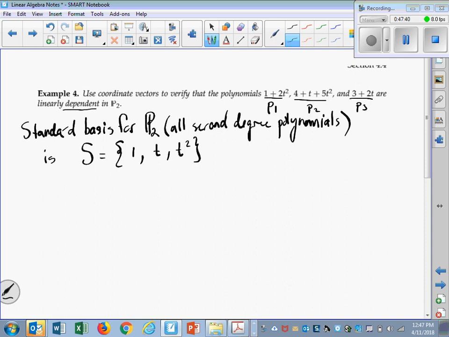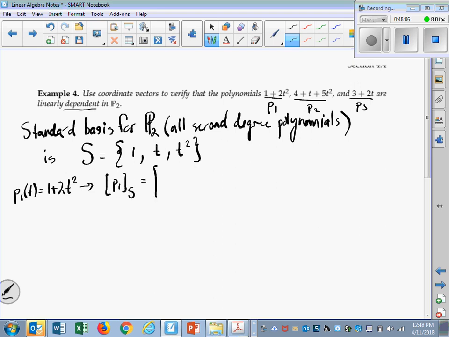So now let's write P1 in terms of t, which is just 1 plus 2t squared. And let's write the standard coordinates for this. So this is a vector in terms of these basis vectors. This is going to be 1, 0, and 2 inside the standard coordinates.